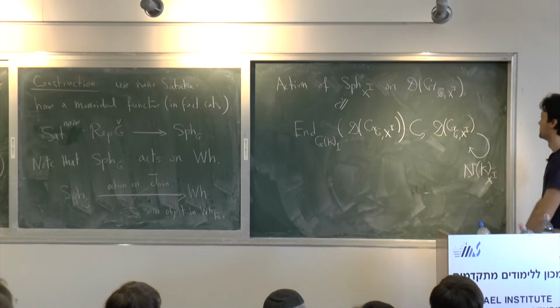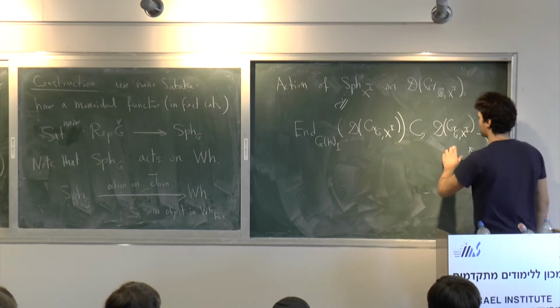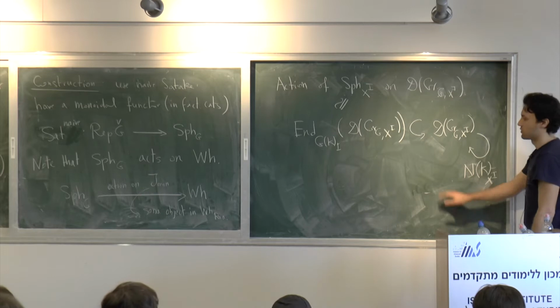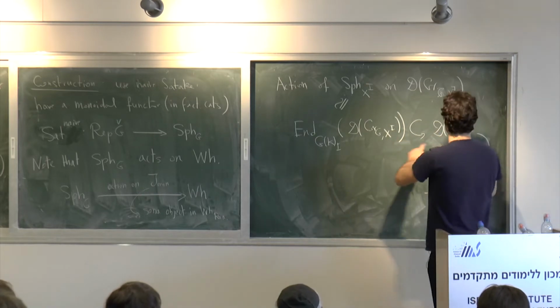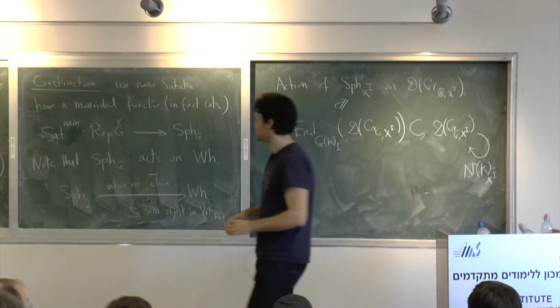So that gives me the action. I have an action of this on this, and in particular an action on the Whittaker category, because this is a bimodule. I should mind twists here, but everything was twisted, so let's not discuss this. It's not a problem at all.